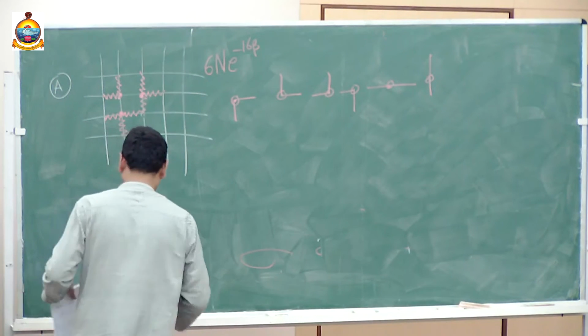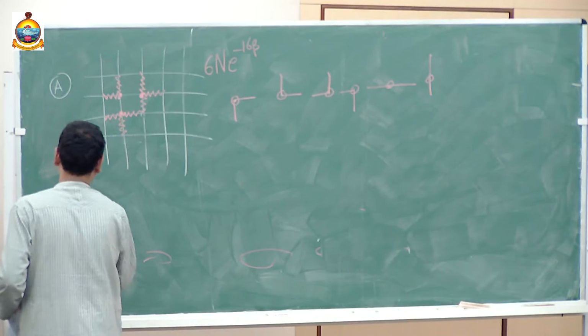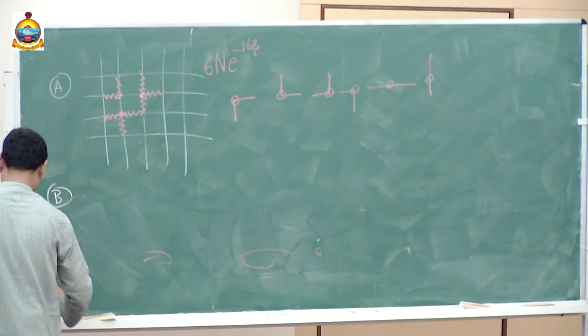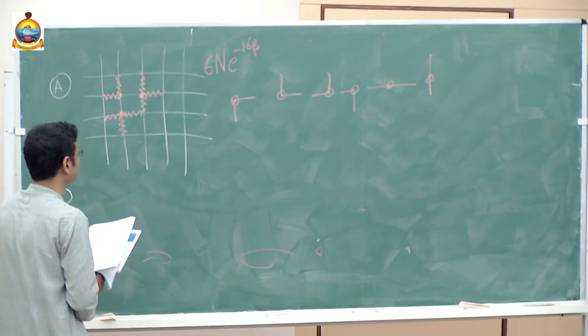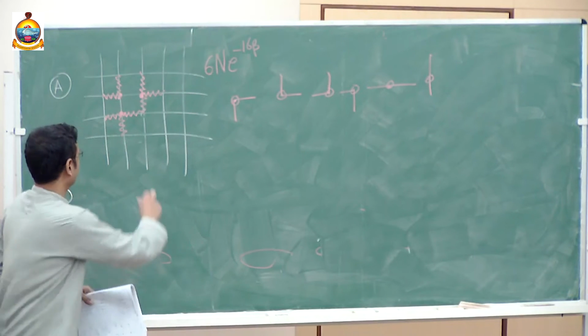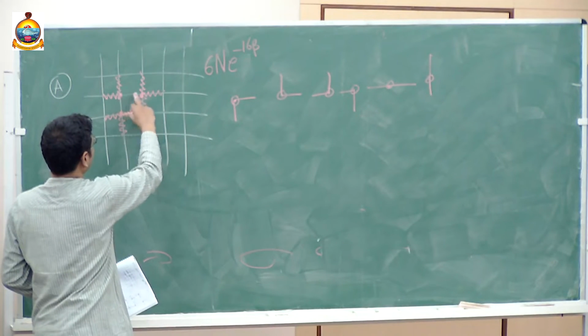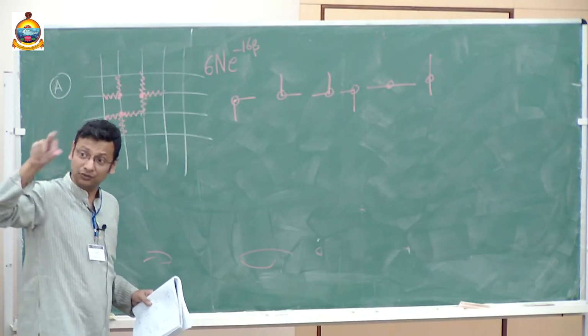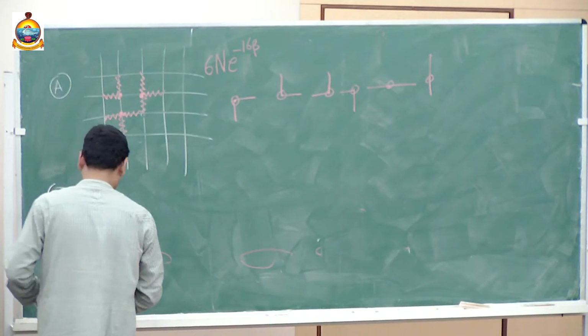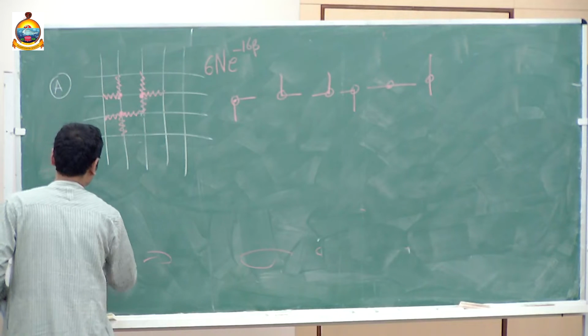Now comes B. B is, as you said, on the square. So now, of course, this is also on the square, but here I chose 3 spins to flip. Now I'll choose 4 spins to flip. So of course the degeneracy would be different.